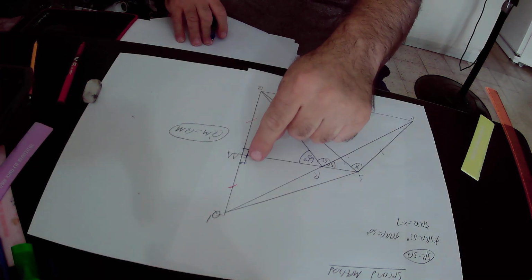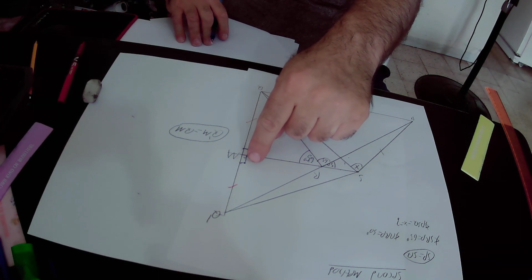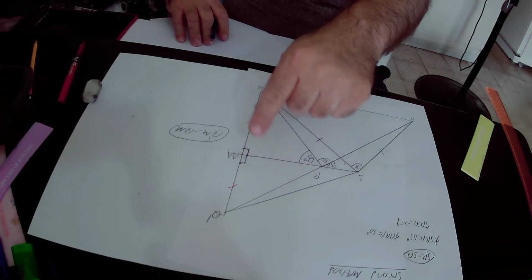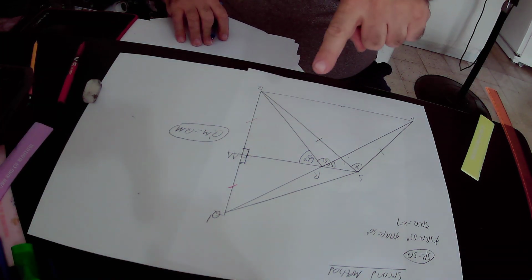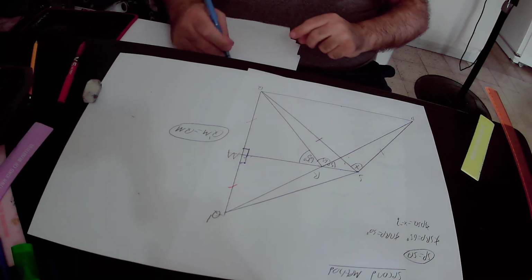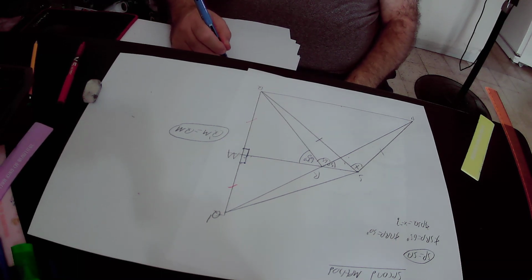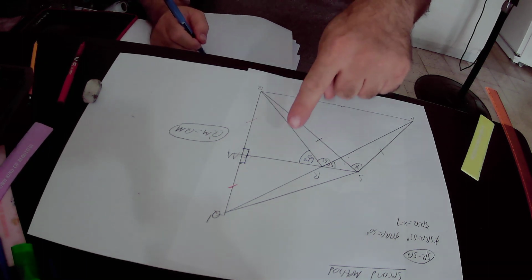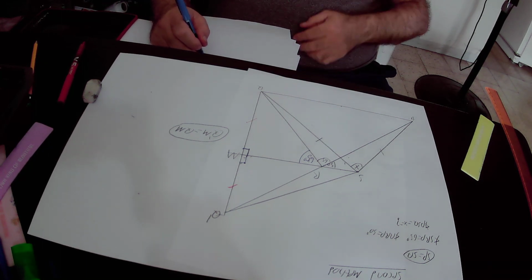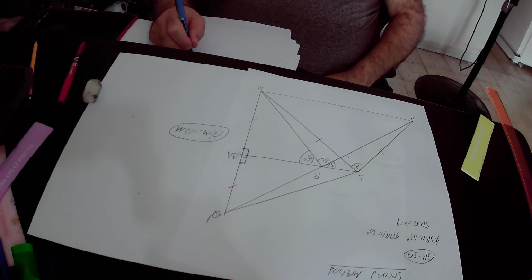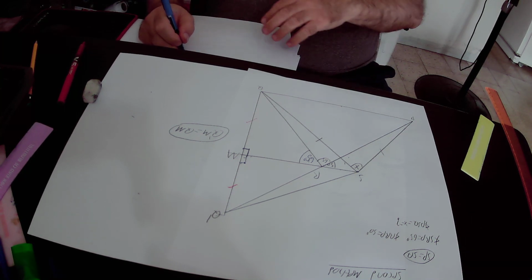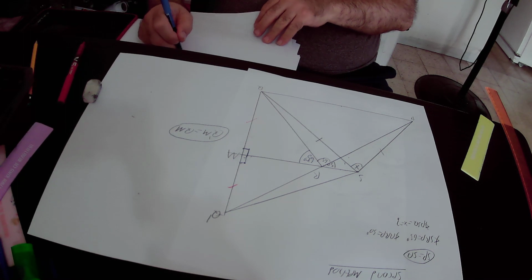Those two angles are equal to each other, both equal to 90 degrees, they are right angles, so we can write down that angle QMR is equal to angle Q dash MR, and both those two angles are equal to 90 degrees.